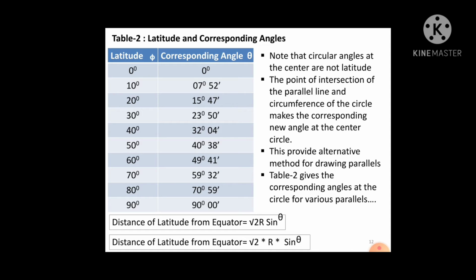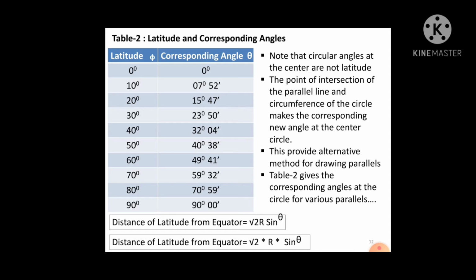So for example, the distance of latitude from the equator is equal to square root of 2 multiplied by R sine theta. Now what does this sine theta mean? Suppose you want to find the distance of the 10 degree latitude from the equator. You must use the corresponding angle, 7 degree 52 minutes. So this is the corresponding angle of the 10 degree latitude, right?